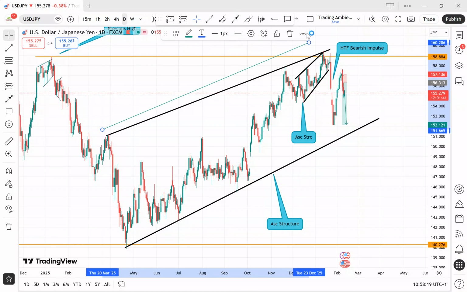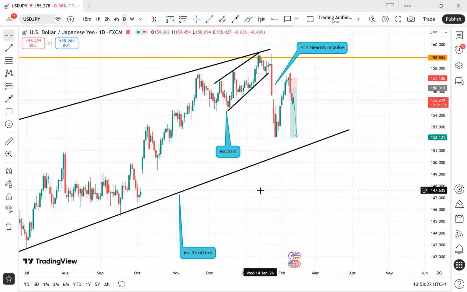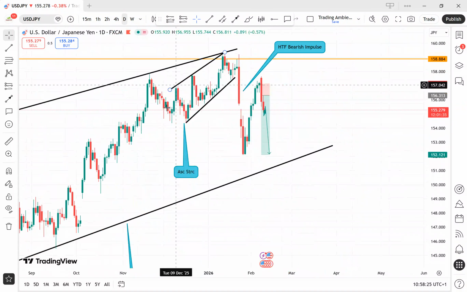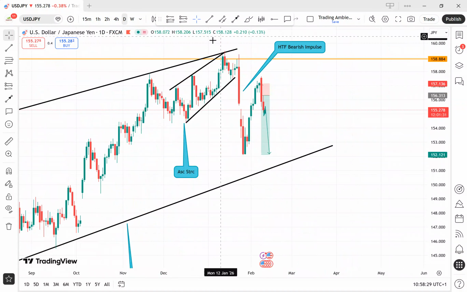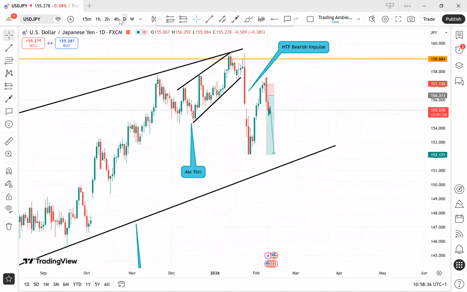This ascending structure right here, and within this ascending structure, we have this ascending structure as well. This is an M sell pattern for me. We have this previous high on the daily time frame. Then the price pushed higher to take out this high, then dropped aggressively. So we have a bearish impulse out of this ascending structure on the daily time frame.